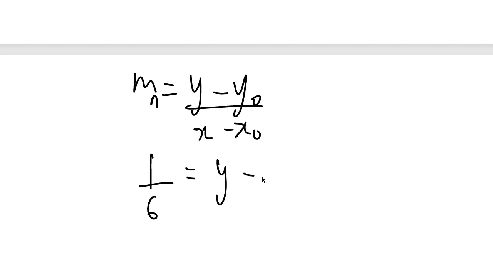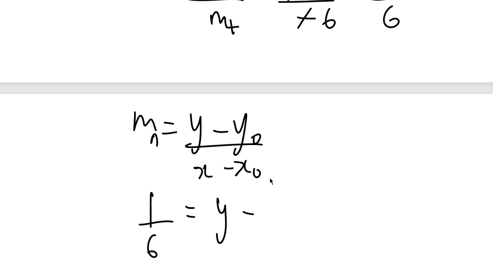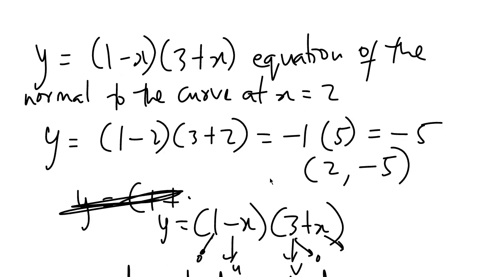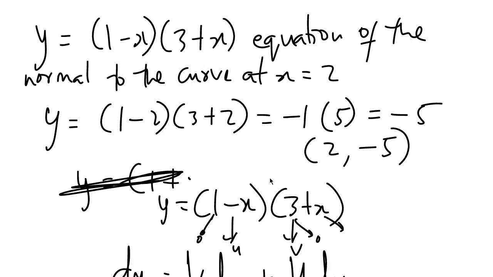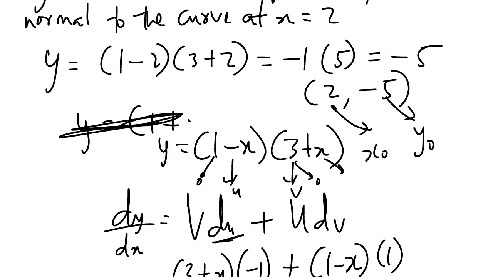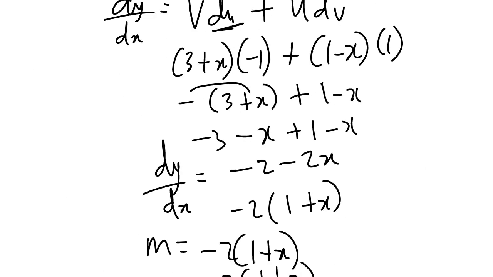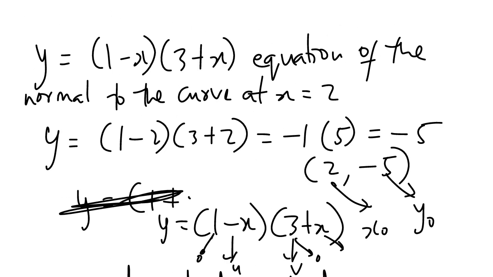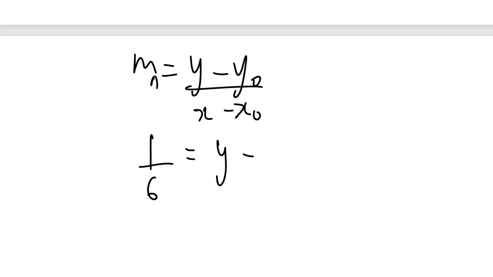Is equal to y minus, what is y0? From this now, when we substituted, remember, over here is x0, here is y0. Do you agree with me? So what's x0? 2, and y0 is minus 5. y0 is minus 5, so it's y minus negative 5.